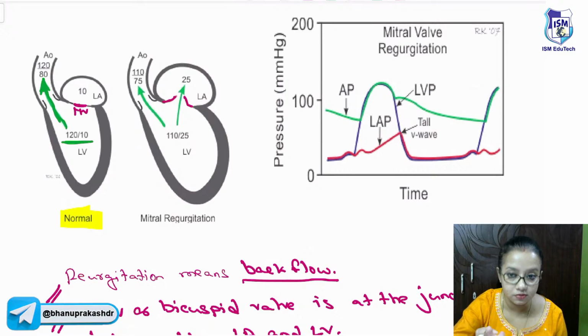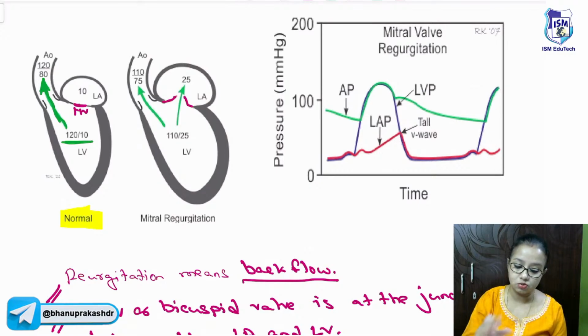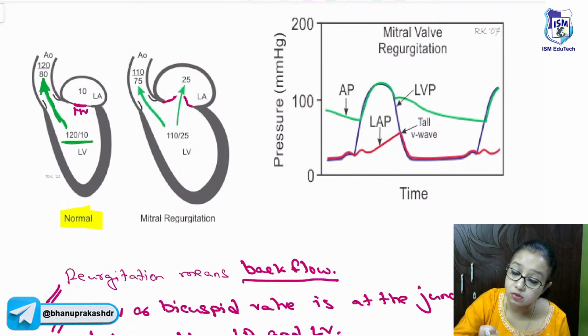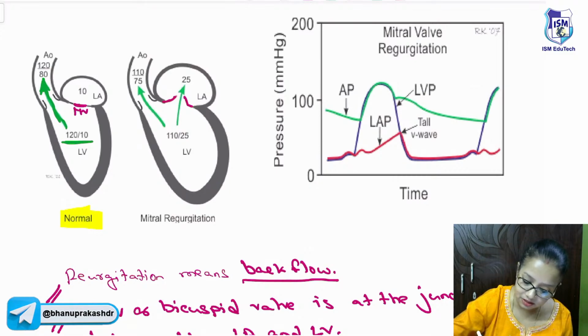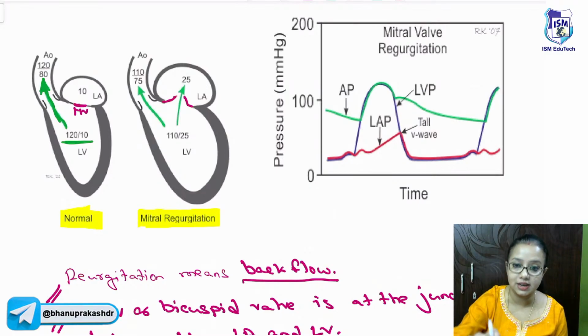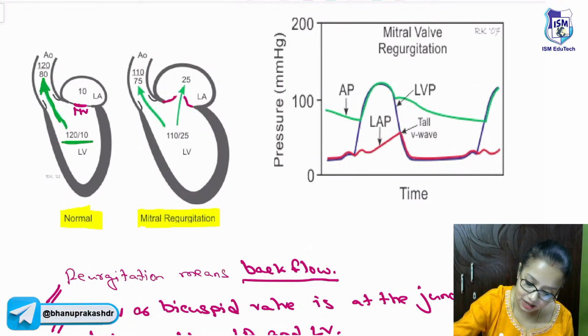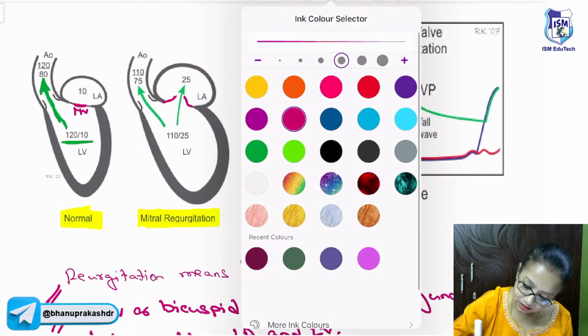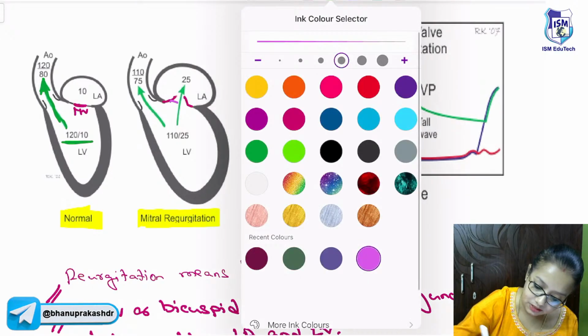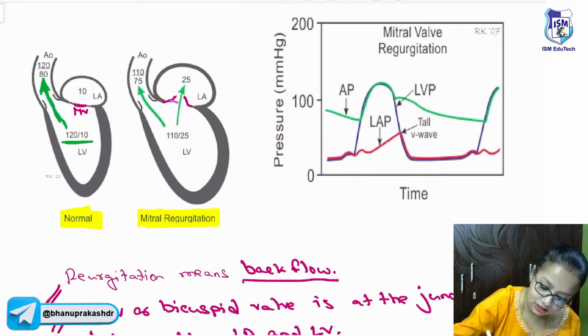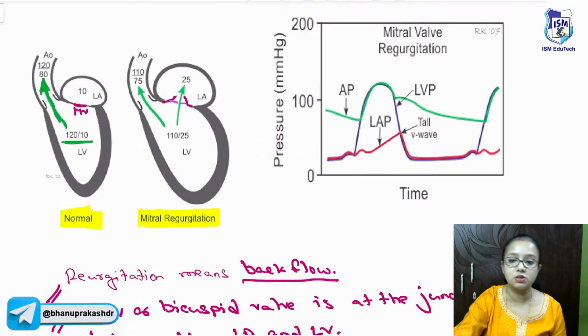The anatomical configuration during embryogenesis would have happened in such a way that even during isovolumetric contraction and isovolumetric relaxation, when the mitral valve should be closed tightly like the normal picture, here the mitral valve is not airtight, not closed tightly, and there is a gap between the flaps of the mitral valve. So here you can see there are actually gaps between the flaps of the mitral valve.